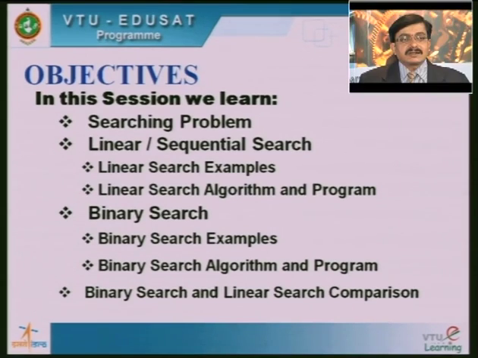Later we will see the concept of binary search, a few examples on binary search, the algorithm of binary search, and we will try to convert the algorithm into a program in C. Later we will see a comparative study of linear search and binary search, and the benefits and drawbacks of both.